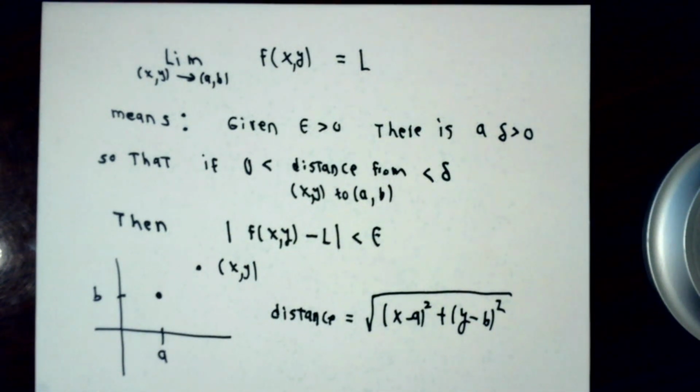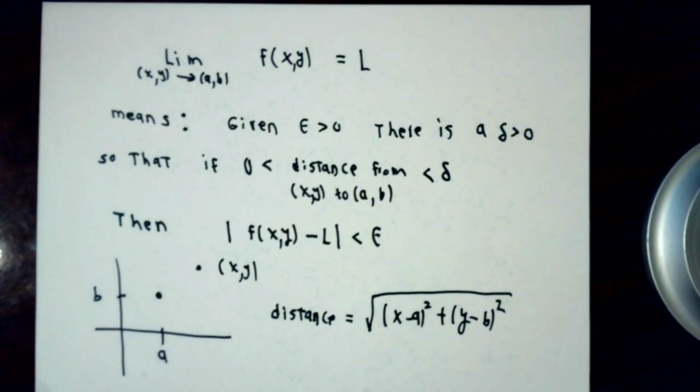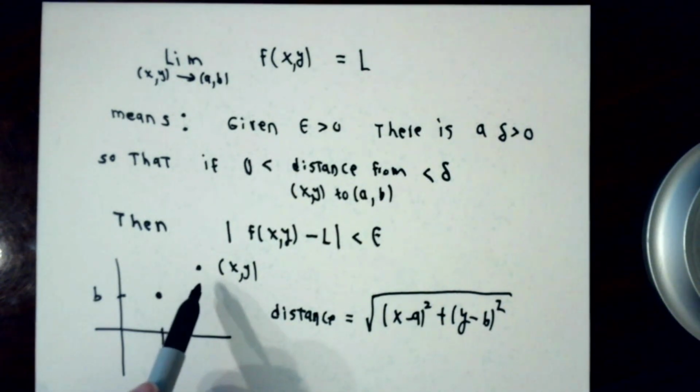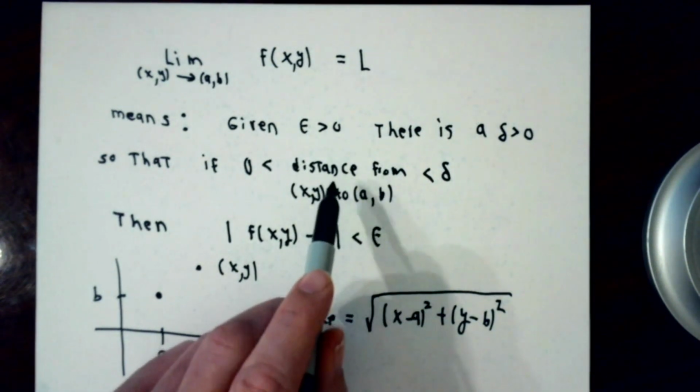In the chapter where we first started talking about vectors, we also mentioned, in passing, the distance formula in both 2 and 3 dimensions. We're in the two-dimensional plane as our inputs now, so I'll have a point with x-coordinate a and y-coordinate b. I'll have some other point that I'll just generically call xy. We have previously figured out that the distance between those 2 points is radical x minus a squared plus y minus b squared. So this is the distance that I should write down right there.